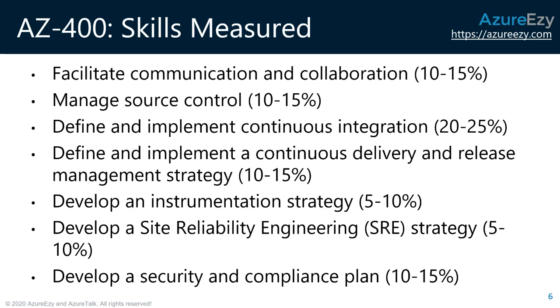We have already conducted sessions for facilitate communication and collaboration, for manage source control, and for define and implement continuous integration, and the other modules. Today we are going to cover develop an instrumentation strategy, which covers 5 to 10% of the exam weightage. All the prior modules have already been covered.